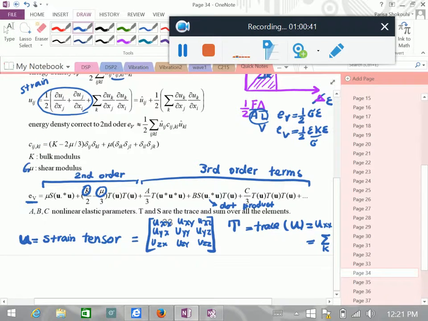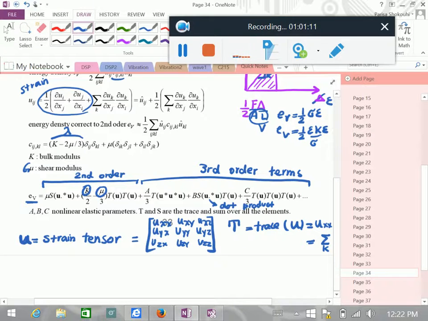The relationship between K and other parameters, I haven't written it down, but K minus 2G over 3 is the Lamé constant that I have given you before. So it's another elastic constant.